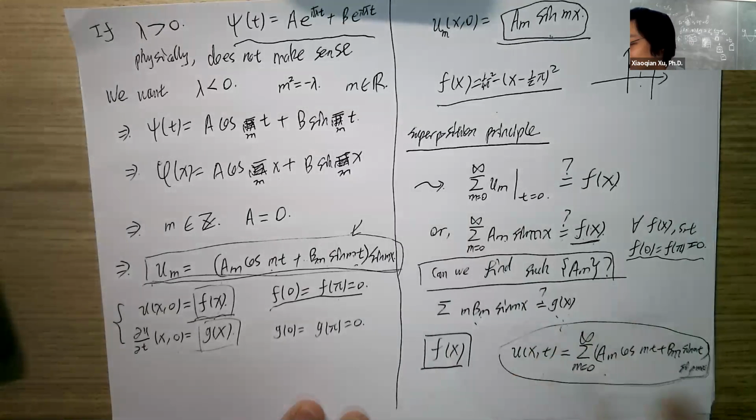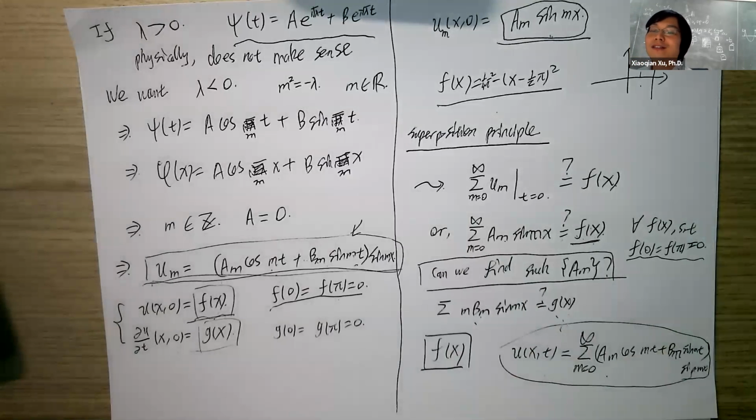Of course, this is a series of functions. The convergence is something we are going to discuss. But formally, each single term satisfies our differential equation, and each single term satisfies our boundary condition. So we only want to satisfy our initial condition.